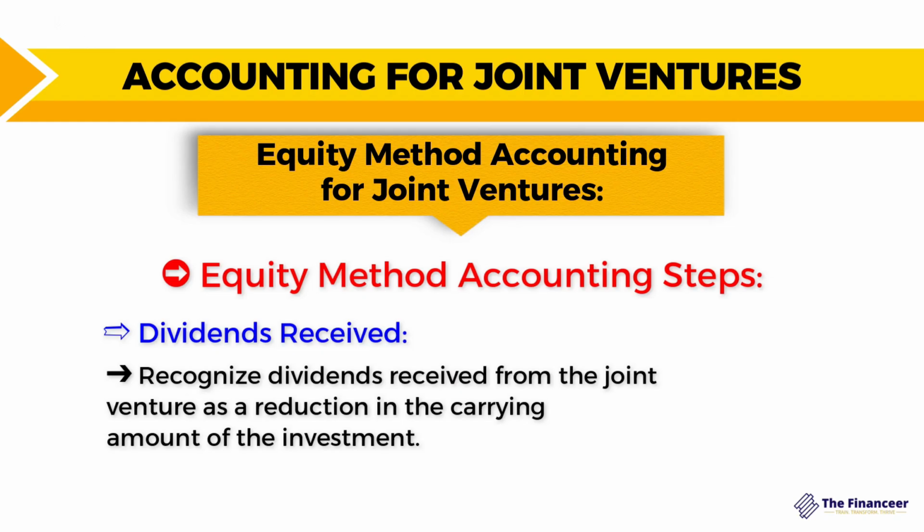So we are adjusting the carrying value up by the percentage of the profit. And once we receive the dividends, these dividends will reduce the value of the investment, because we received part of our profit in cash.